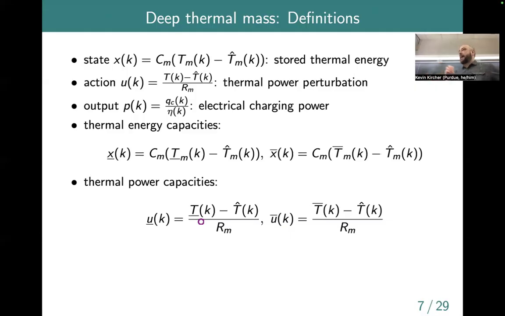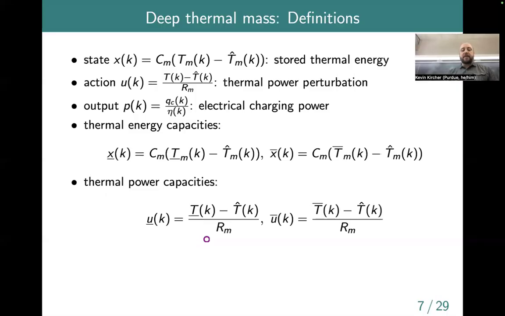For most buildings, at least in the US, we don't have a way to directly heat or cool the thermal mass. In European buildings, it's more common to have something like a radiant floor system, where you'd have a big concrete floor with a heat exchanger in it, so you could directly heat up or cool down the thermal mass. But for most purposes, at least here in the US, you would warm or cool the thermal mass by first warming or cooling the air and then letting the heat bleed into the thermal mass.